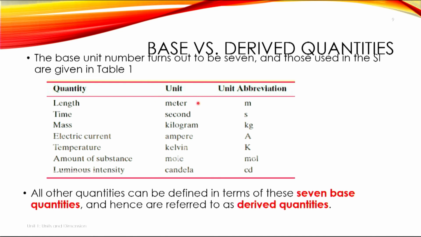For example, length in meters, abbreviated as m; time in seconds, abbreviated as s; mass in kilograms, abbreviated as kg; electric current has the unit ampere, represented as capital A. Temperature is in kelvin, abbreviated as capital K. Amount of substance has the unit mole, abbreviated as mol. Luminous intensity has the unit candela, abbreviated as cd.